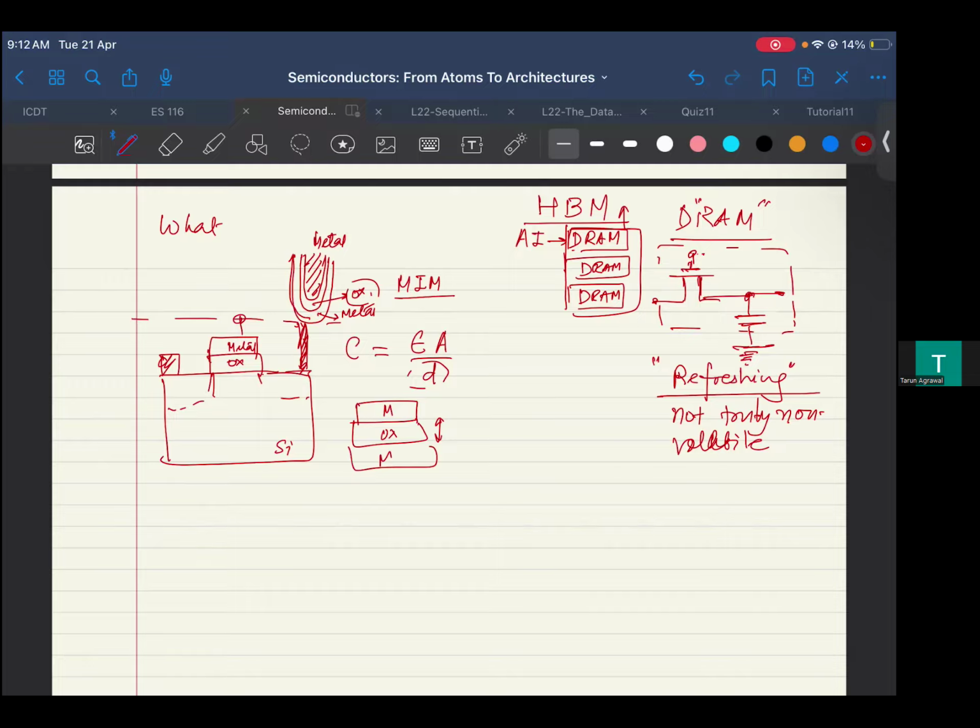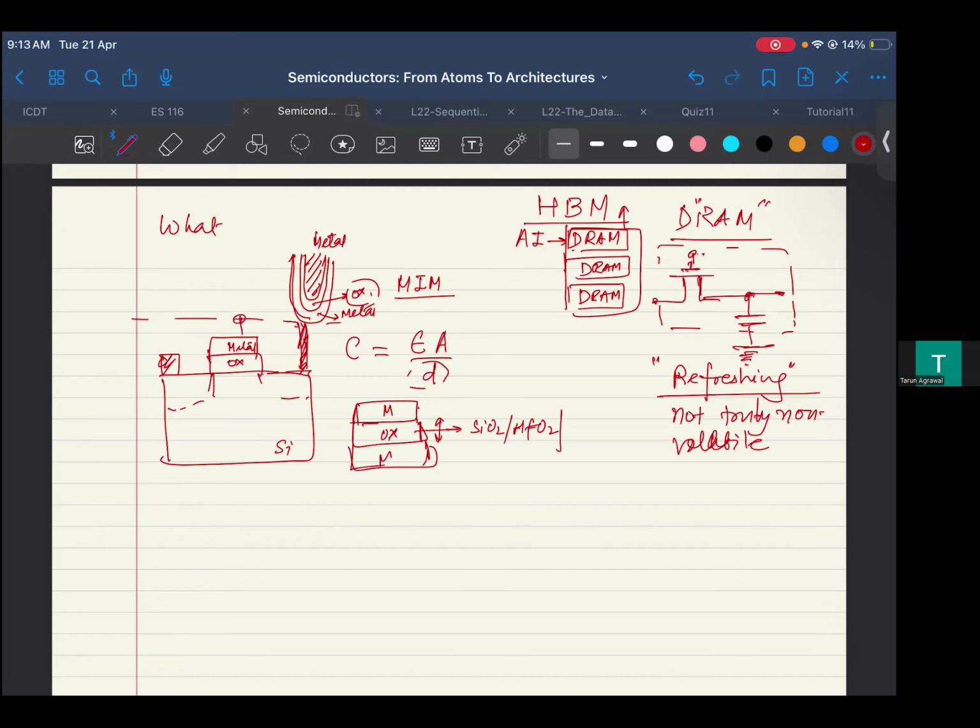Whatever dielectric we are using, silicon dioxide or any other dielectric, as of now let's say HfO2, it cannot be scaled below a particular thickness.